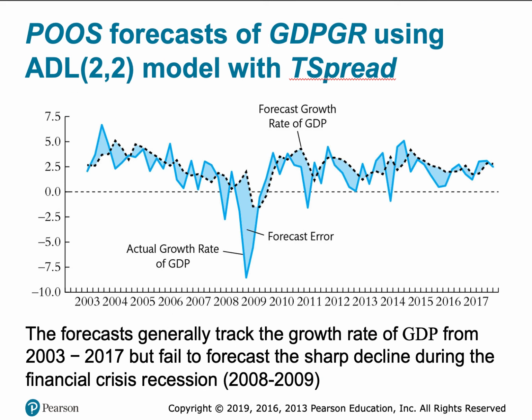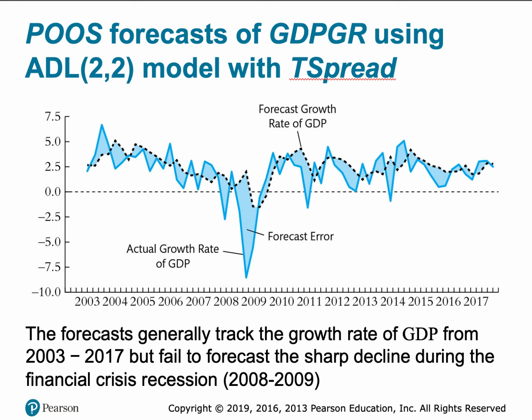Let's look at how well the model performs over time. We have plotted the forecast growth rate of GDP, that is the dashed black line. The actual growth rate of GDP is the solid blue line, and the shaded blue area is the forecast error.